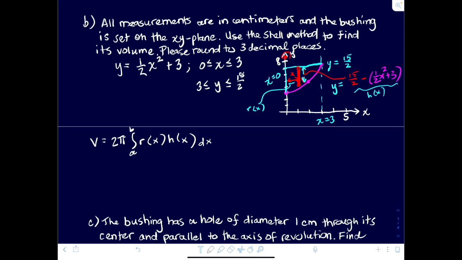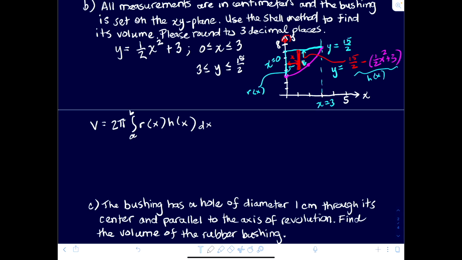So we will end up with this volume, plugging it in, will be 2 pi integral from 0 to 3, because that is where x is going, 0 to 3.